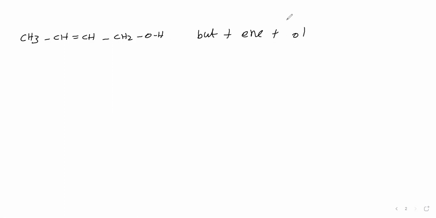Now we have to say the C=C double bond position and alcohol position. Here, the carbon to which alcohol is attached should get least position because alcohol is the main functional group. So start giving numbering from the right extreme.